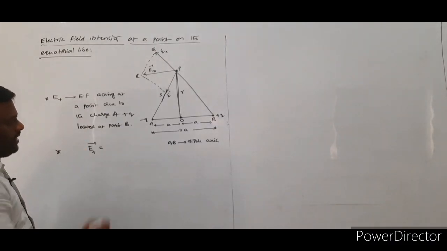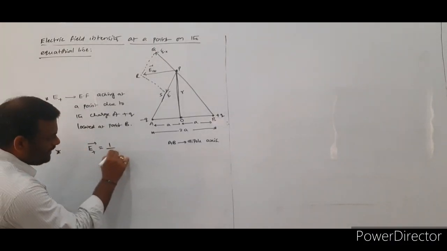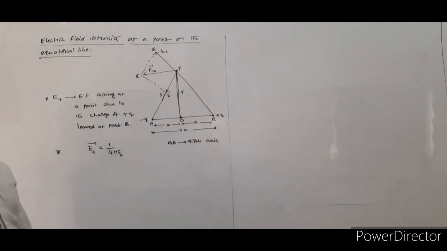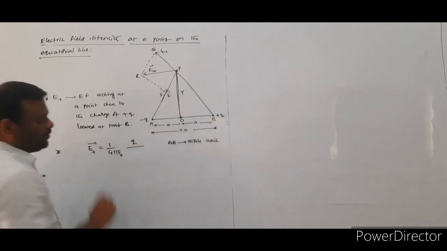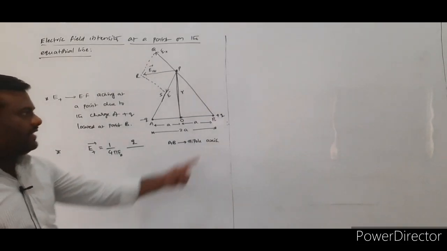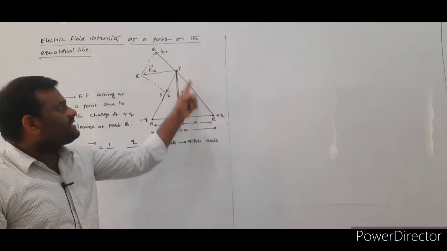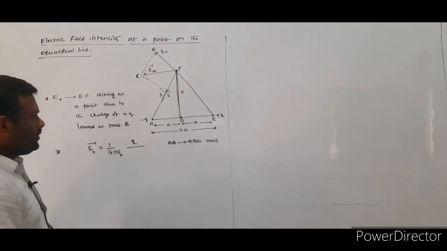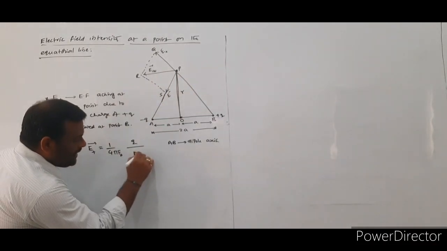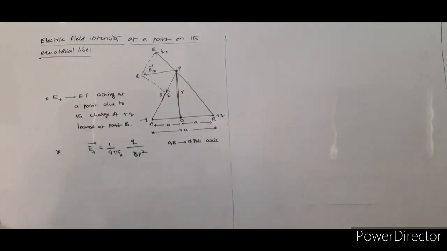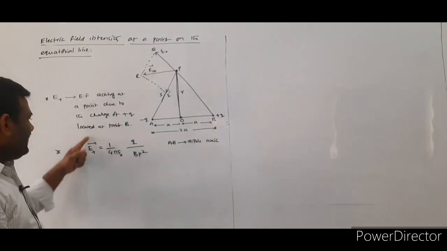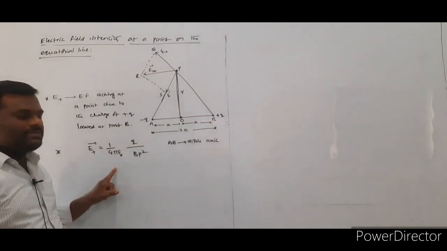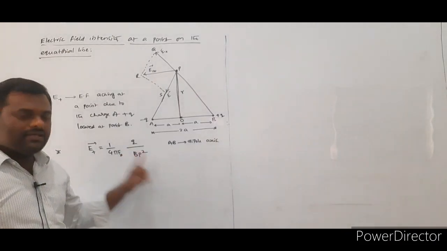E plus bar is equal to 1 by 4 pi epsilon naught, the magnitude of the charge is equal to small q, and the distance of separation between these 2 points is equal to BP, so that the electric field intensity acting at the point P due to the positive charge will be given by E plus bar is equal to 1 by 4 pi epsilon naught into q by BP square.